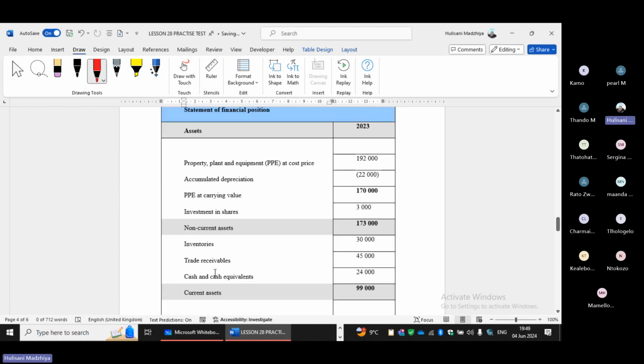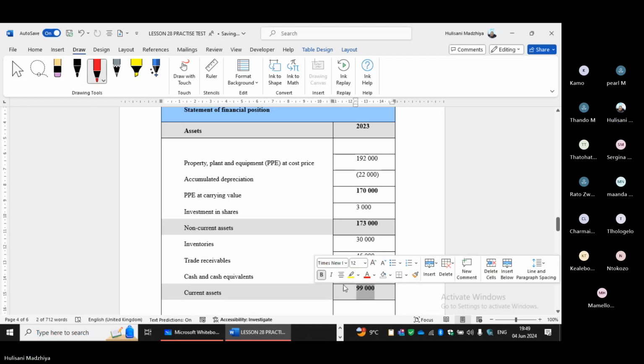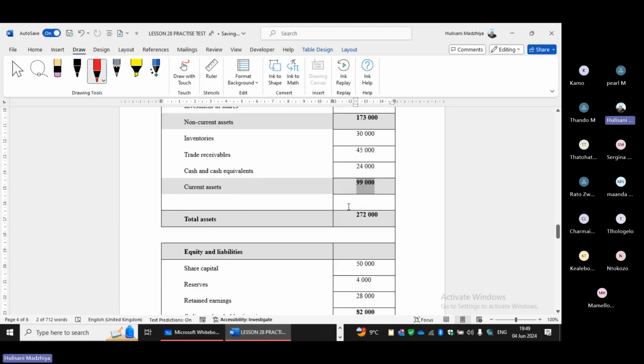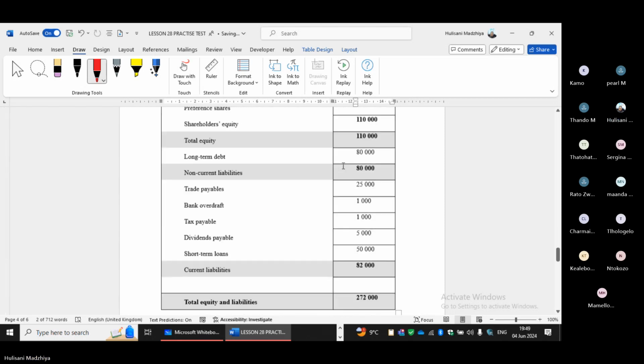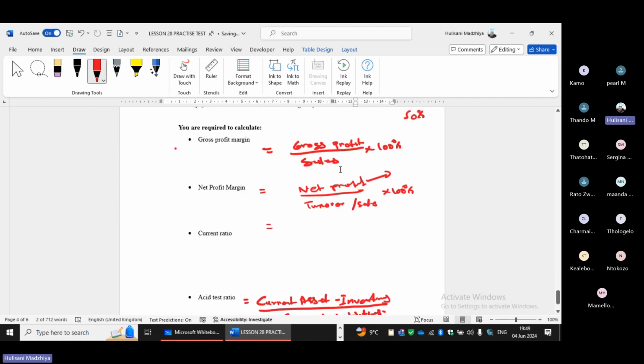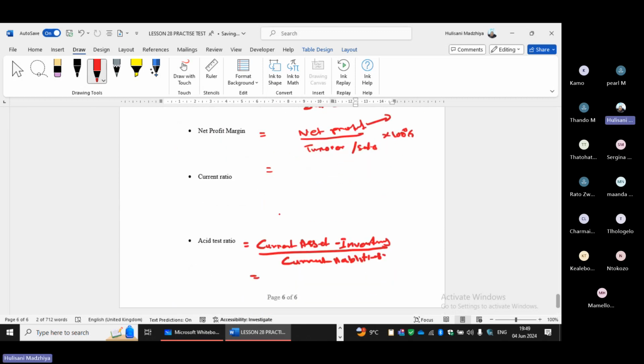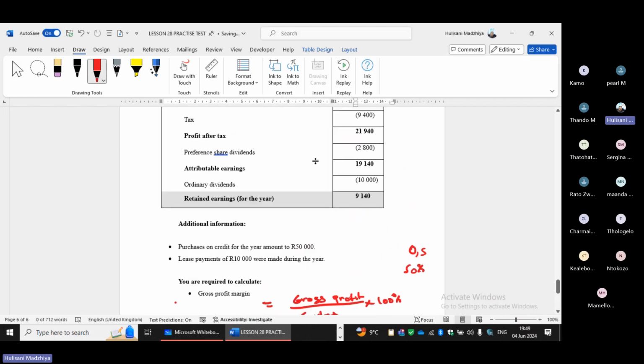This is your current assets value, 99,000. So you are going to say 99,000 minus 30,000. All of this will be divided by current liabilities.